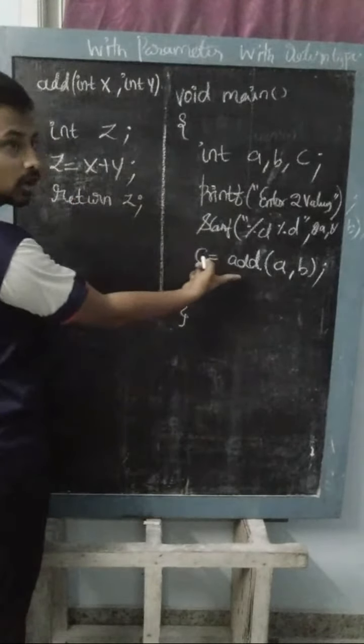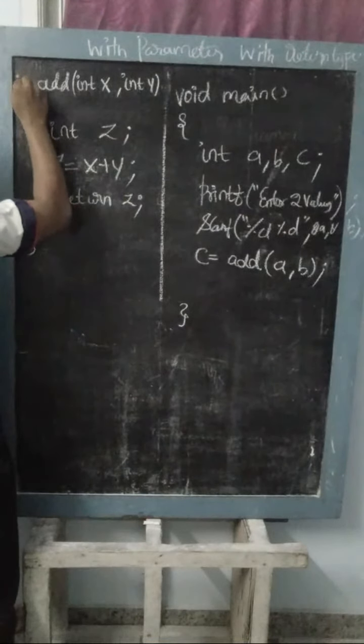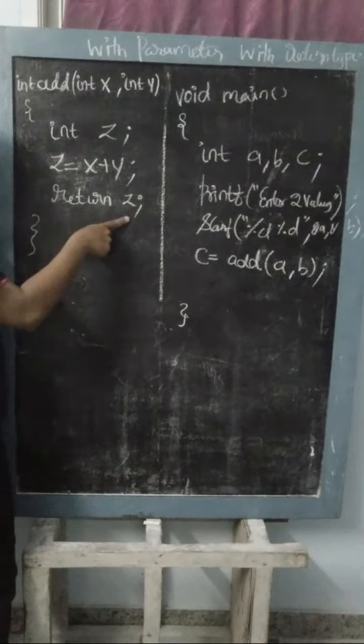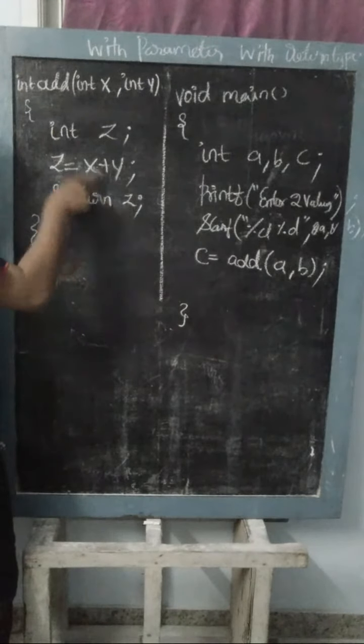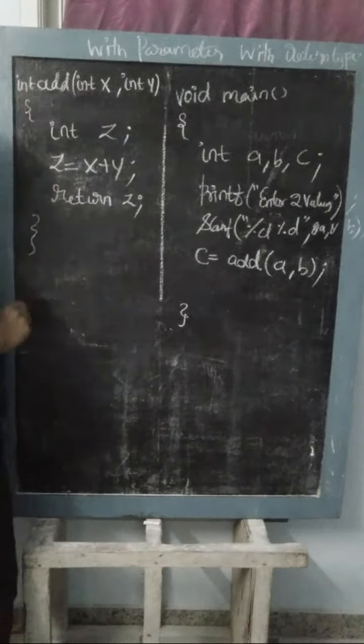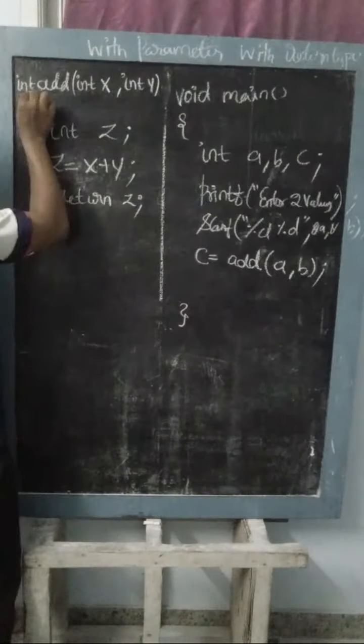So x is an integer number, so we have to write integer. What value are we returning? Z. Z is of type integer, so we have to write int add. You got it? So it is the return type.